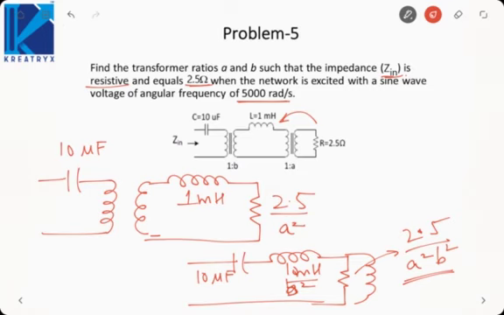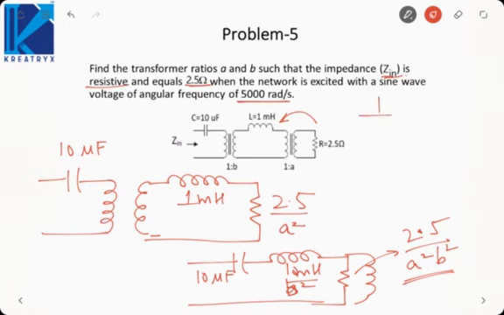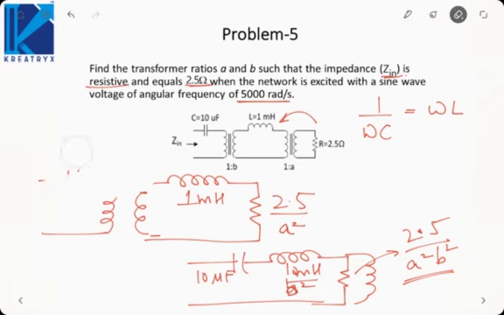Now it is saying that the input impedance is resistive. That means the inductor and capacitor should cancel the effect of each other. That is, 1 by omega C must be equal to omega L. Then they will cancel the effect of each other.